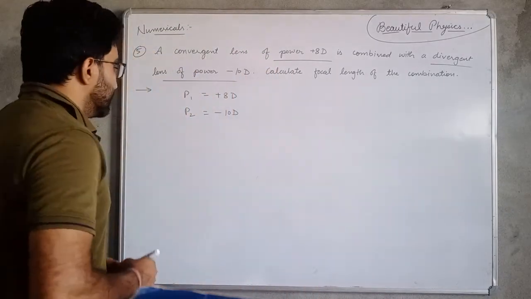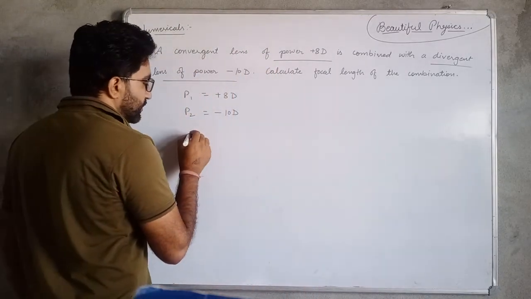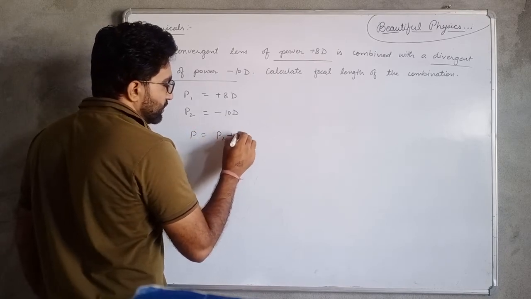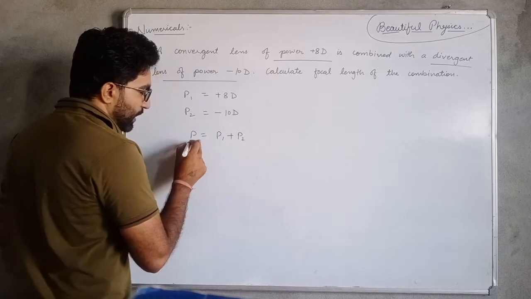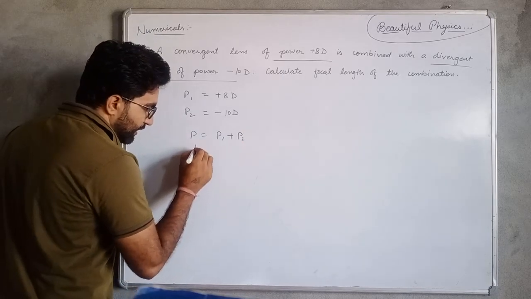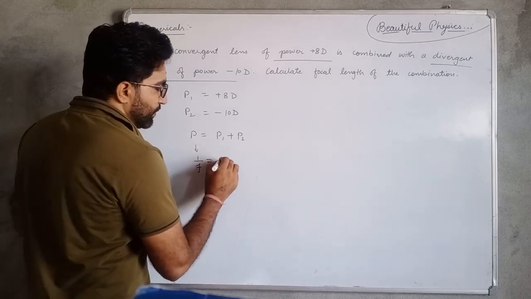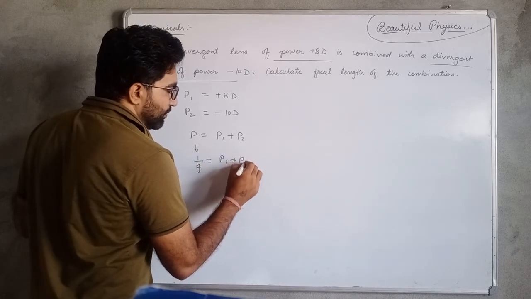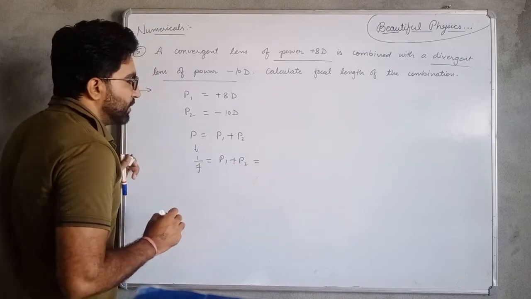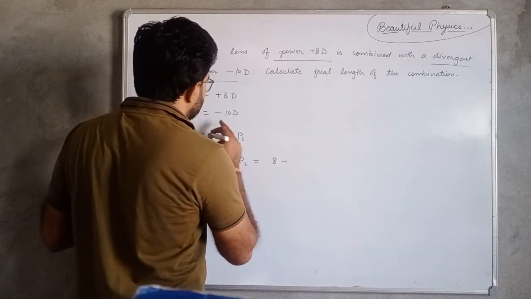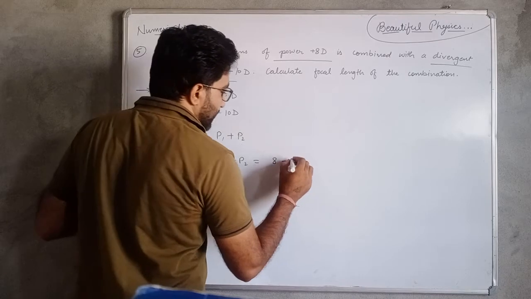We know that the power of the combination will be equals to P will be equals to P1 plus P2, or power can be represented by 1 by focal length, and it will be equals to P1 plus P2. Let's put the values one by one. The value of P1 is 8 minus the P2 is 10.